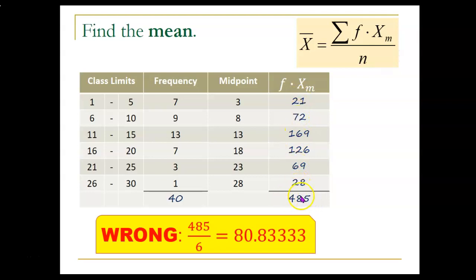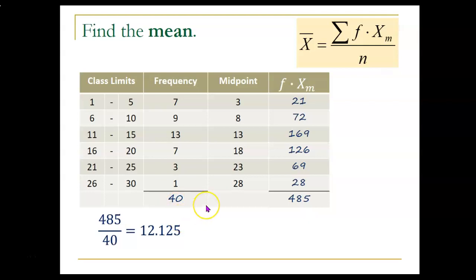So all 40 of those numbers should add up to, our best guess would be 485, and then we divide by 40 to get 12.125, and then to give that to 1 decimal place, we'd round that to just 12.1. So the mean here is 12.1 minutes. And that does make sense.